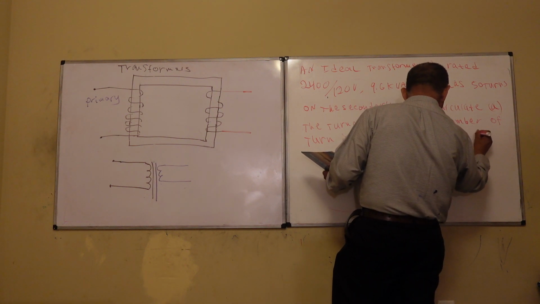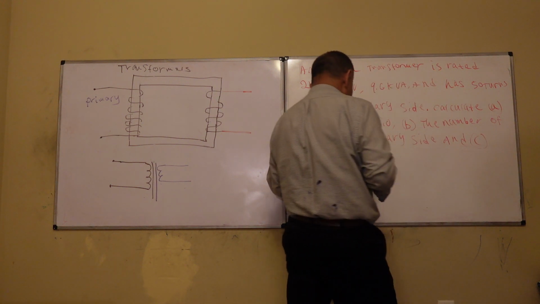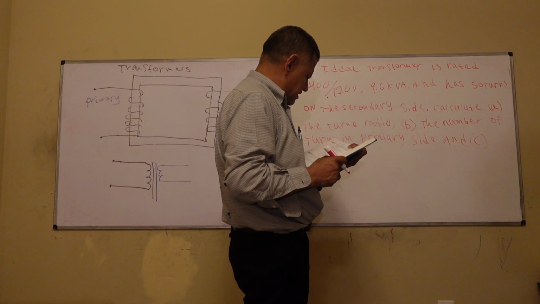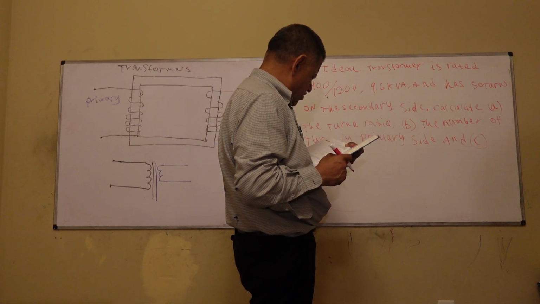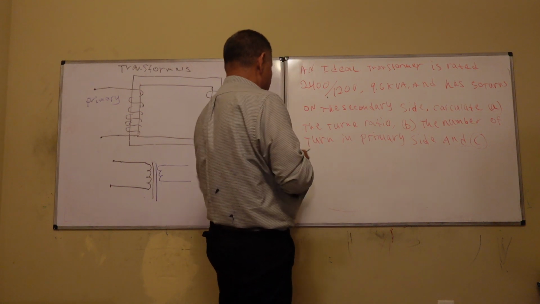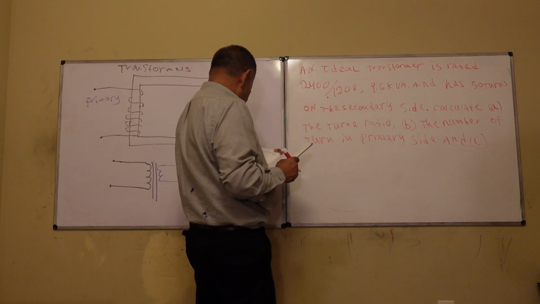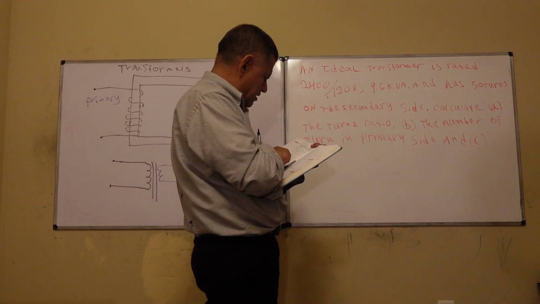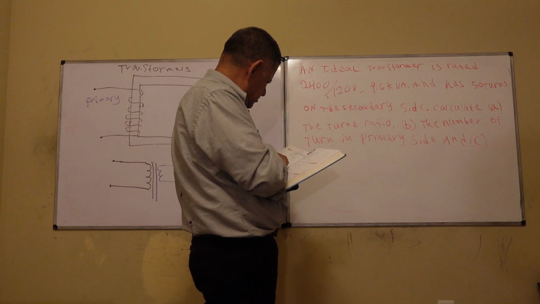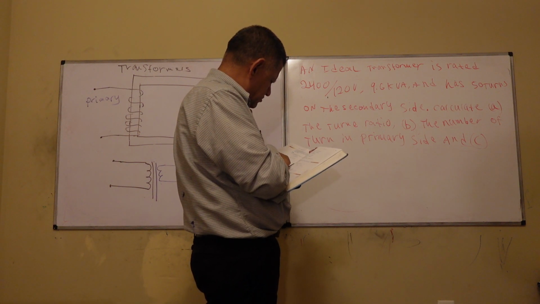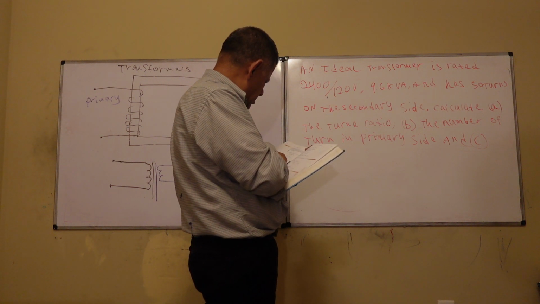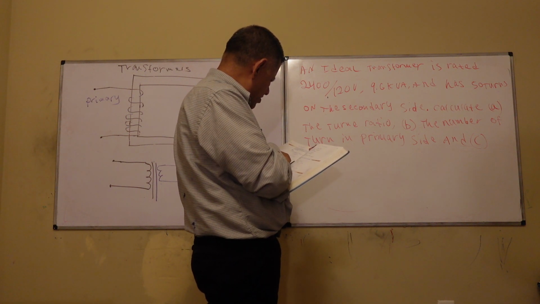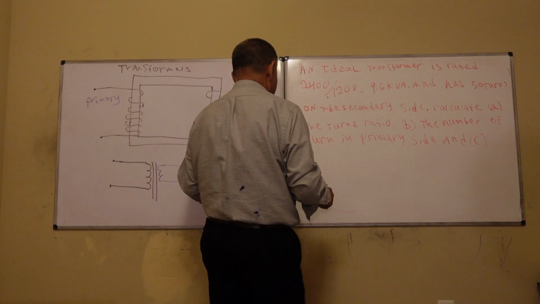Part C, the last thing that we need to do, is the current rating on the primary and secondary winding, right?